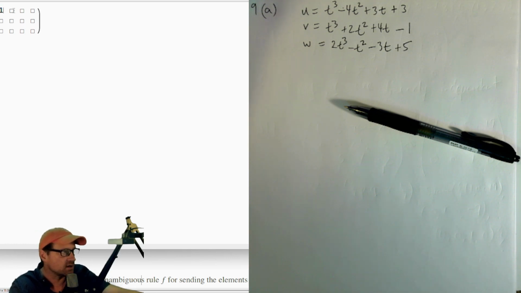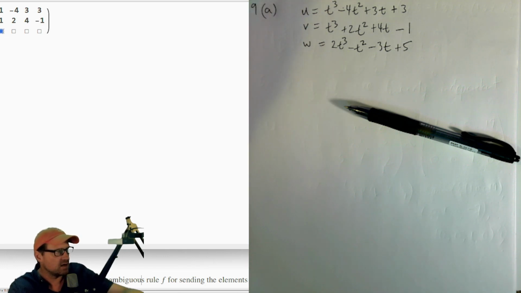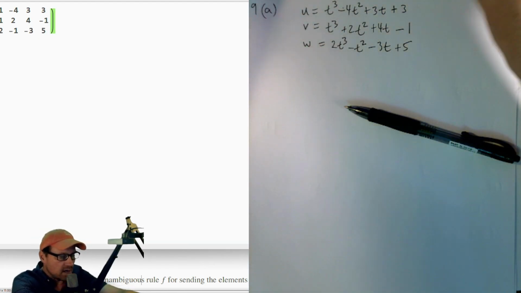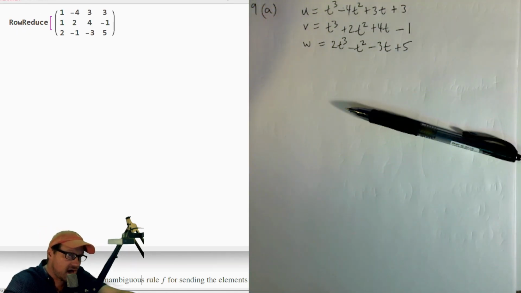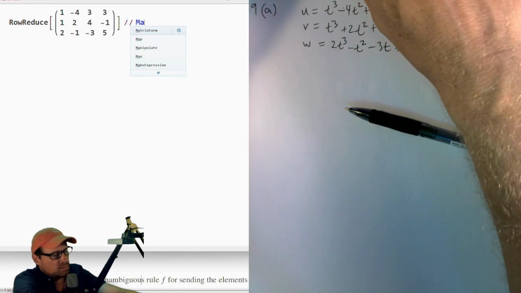So 1, minus 4, 3, 3. Then we have 1, 2, 4, minus 1. Then we have 2, minus 1, minus 3, 5. Okay, and so now I am going to write row reduce, slide this over so you can see that, and then display the result in matrix form.